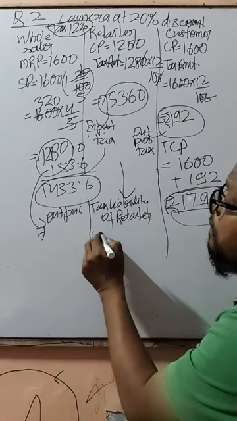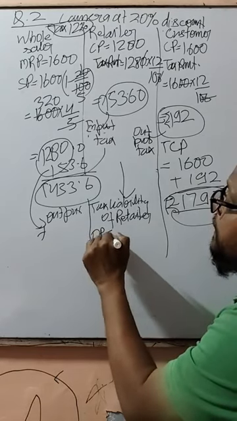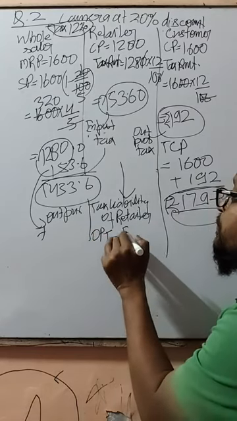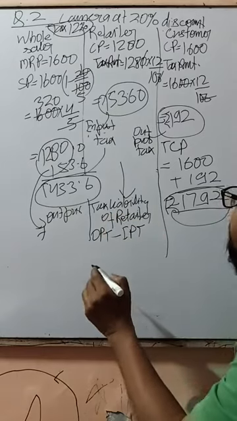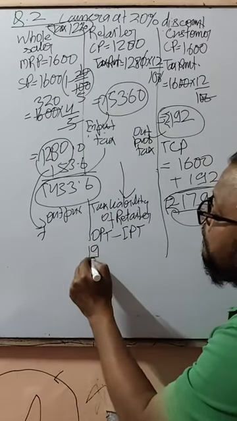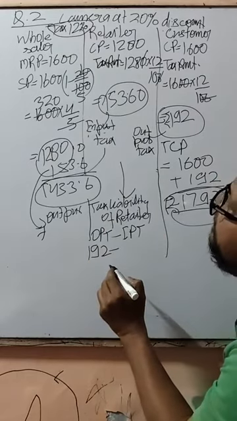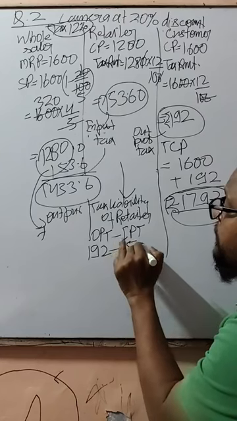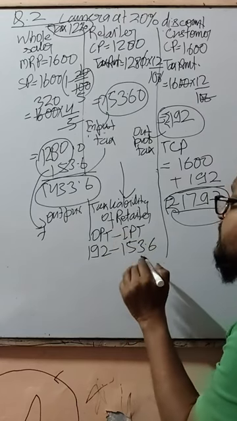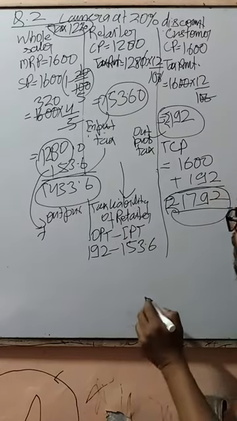So output tax minus input tax. So that is 192 minus 153.6. So how much we get?